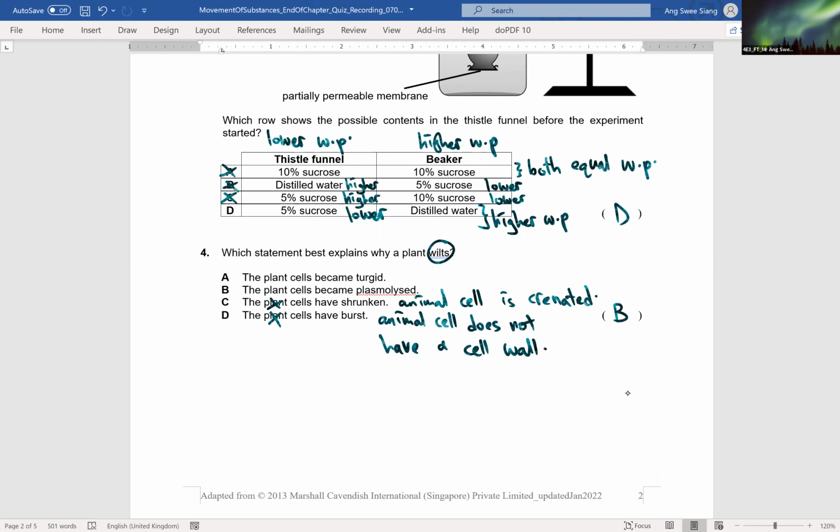So usually we use burst to describe an animal cell if it is placed in a solution of higher water potential. So that's for question 4.